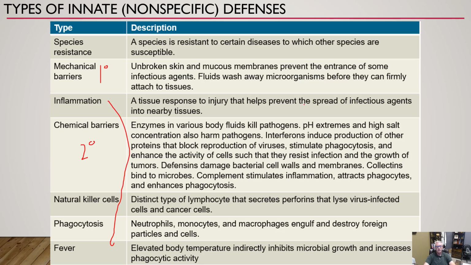Remember, at this point, we don't care what type of virus or bacteria this is. We just know something foreign is in the body or trying to come into the body, and we're trying to do what we can to prevent it from coming in, or once it has come into the body, to stop it from spreading.